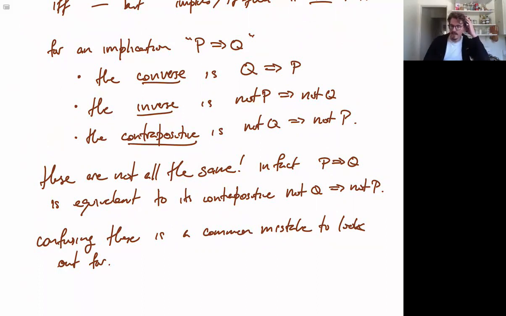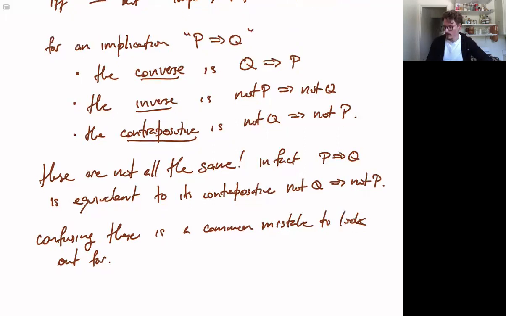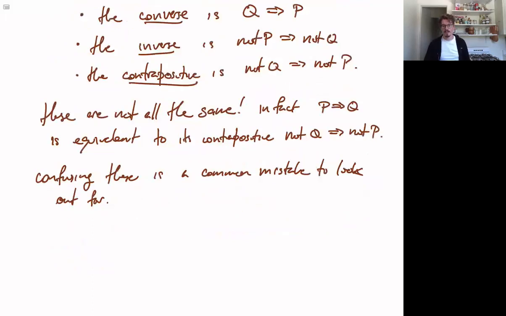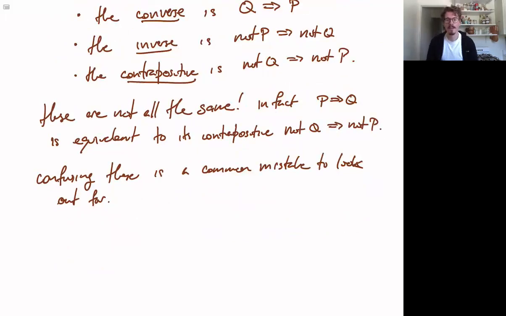Why is a thing the same as its contrapositive? That is a good question. It is not obvious. But I think I will leave it as an exercise for you to work it out, and I will just give some examples instead. So exercise.